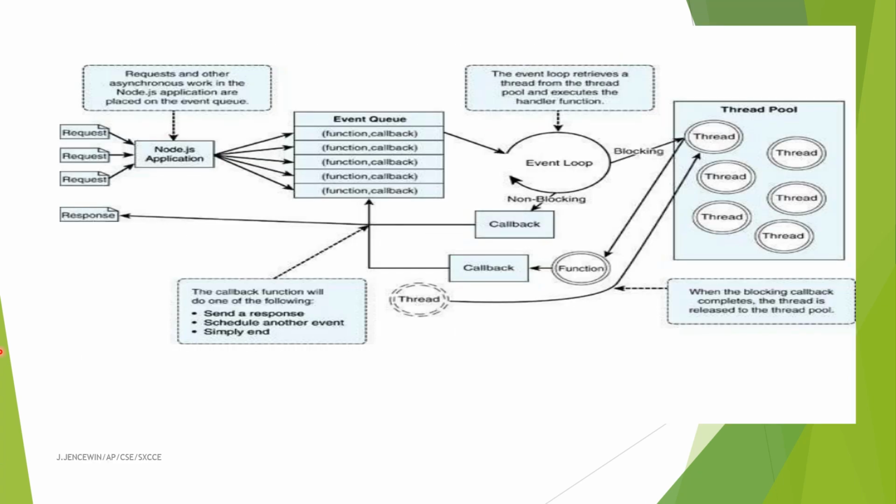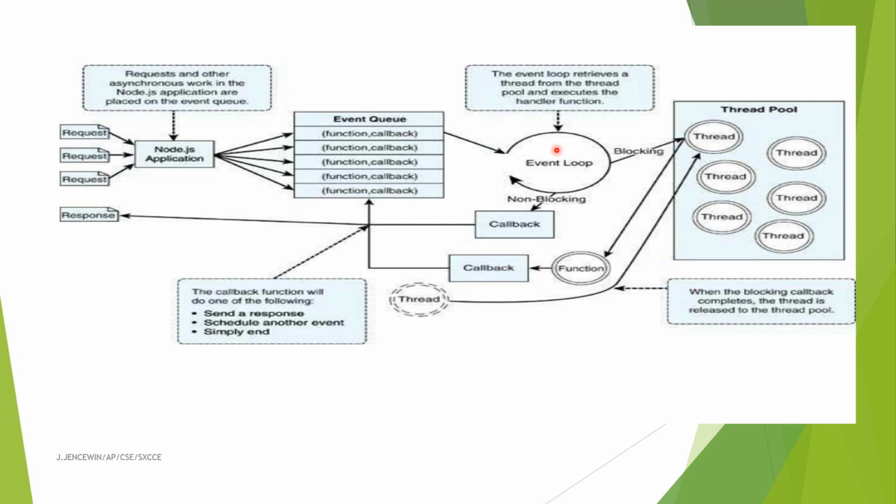So when the Node.js application receives the request, and if it consists of subtasks, those are added with callbacks. And here in the event queue we have a single thread, that is the event loop, which runs on this event queue. It picks a single task from the event queue and finds out whether it is a blocking request or not.